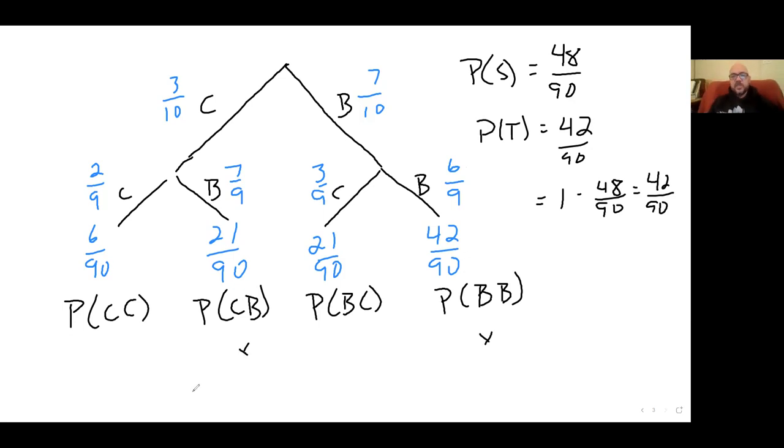This is a case why I didn't want to combine these, because I wasn't sure they were exactly the same. Now we're talking about specifically the second cookie, so the order matters. So that's 21 plus 42 is 63 out of 90. Great, that was easy enough. Let's do the next one.